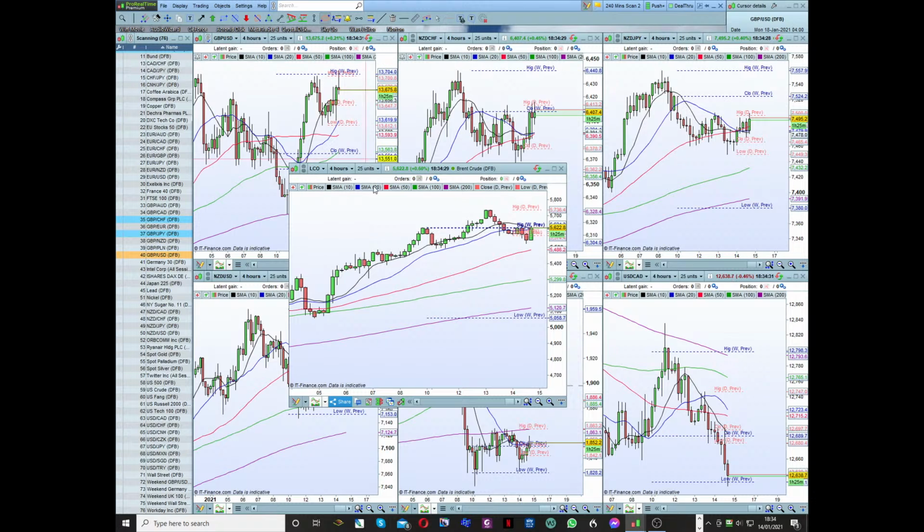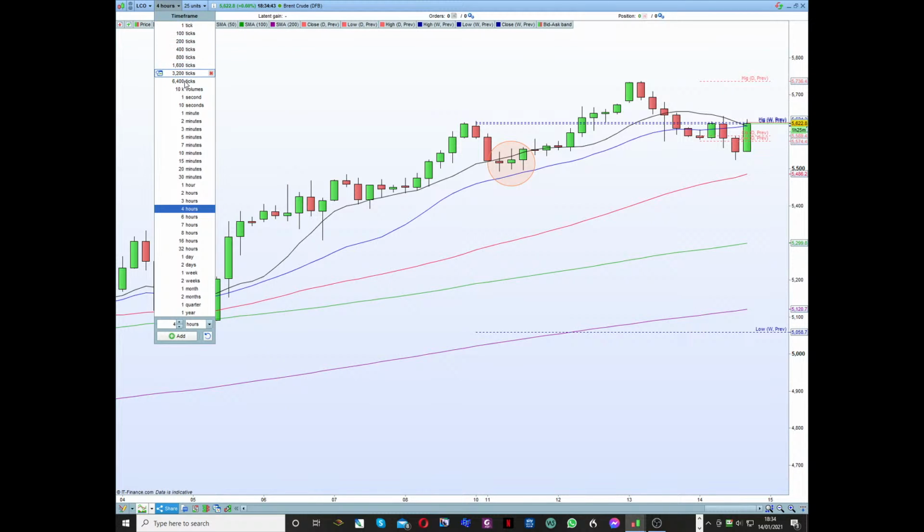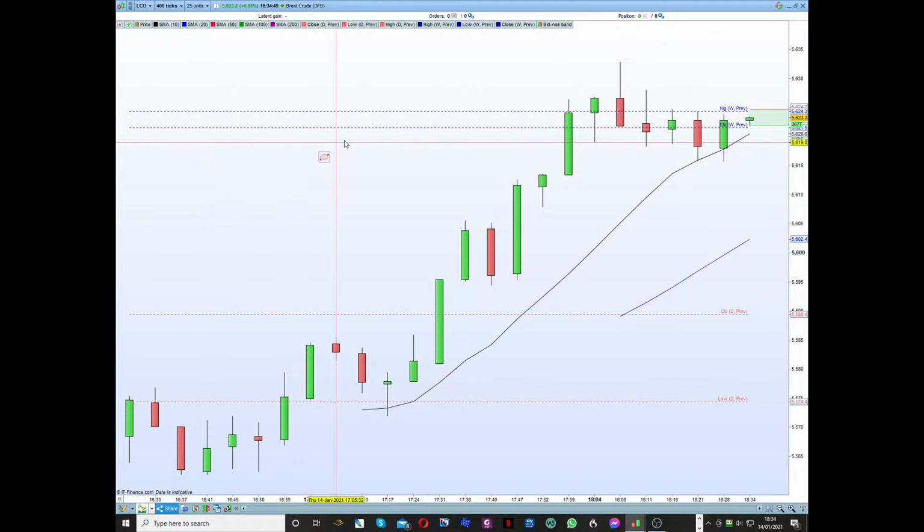I'm not quite used to this platform yet, but let's just have a look. Hopefully that will highlight it. Let's go down to 400 ticks or something. 25 units.